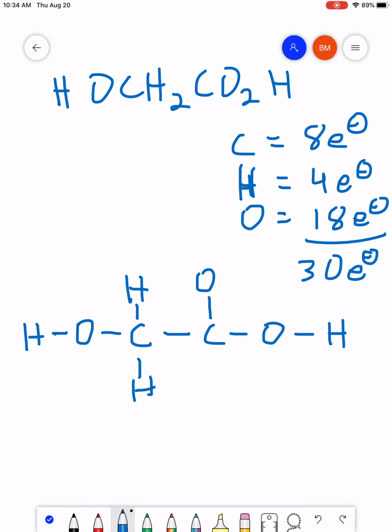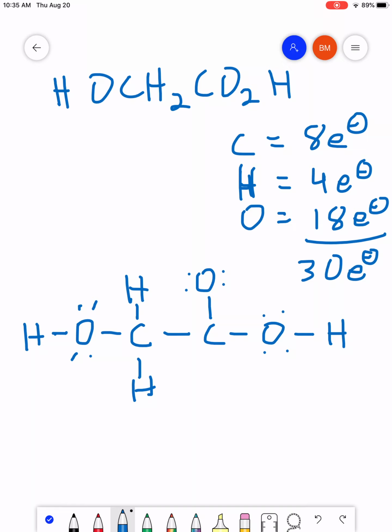All right? So at this point, we've mapped out 2, 4, 6, 8, 10, 12, 14, 16 of our electrons, right? Well, we know that oxygen usually likes to have 2 unshared pairs, so we can place those. Okay. So we're in the situation we were with the last example now.